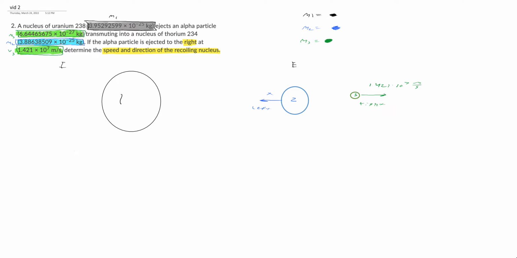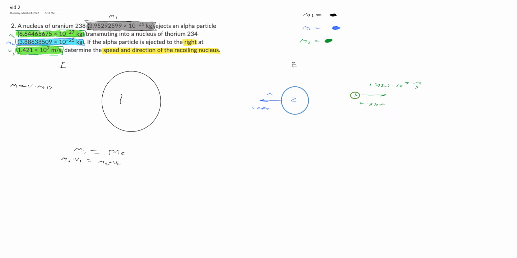The reason for that is momentum states that the momentum at the initial point in time, the whole atom, is equal to the momentum at the final time, or the end, when we have two particles. That means, if we understand what momentum is, momentum being velocity times mass, that the mass 1 times the velocity 1 is equal to the mass 2 times the velocity 2.